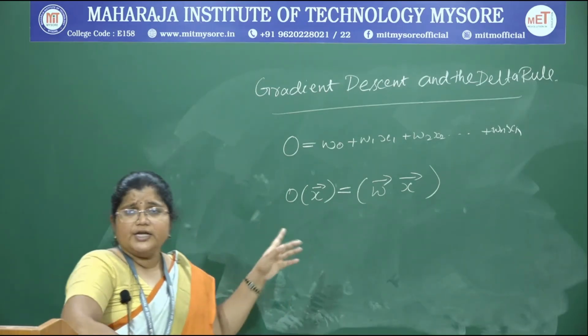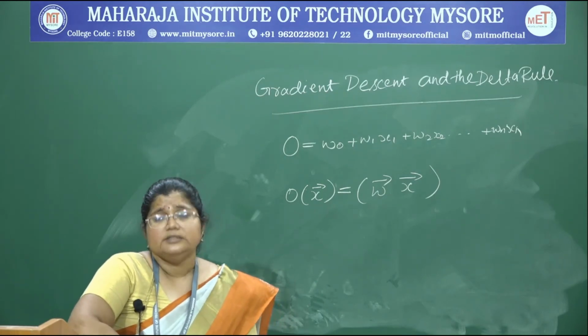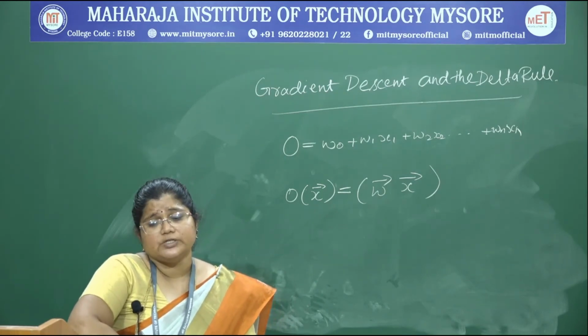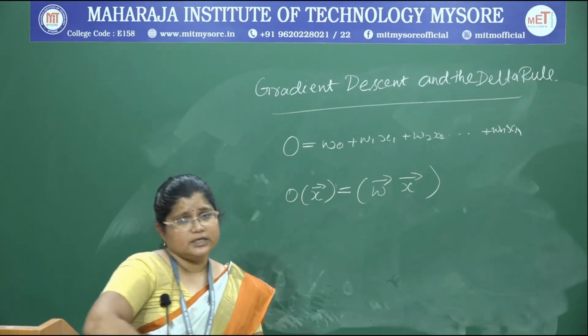So if the training examples are not linearly separable, the delta rule converges towards the best fit approximation to the target concept.